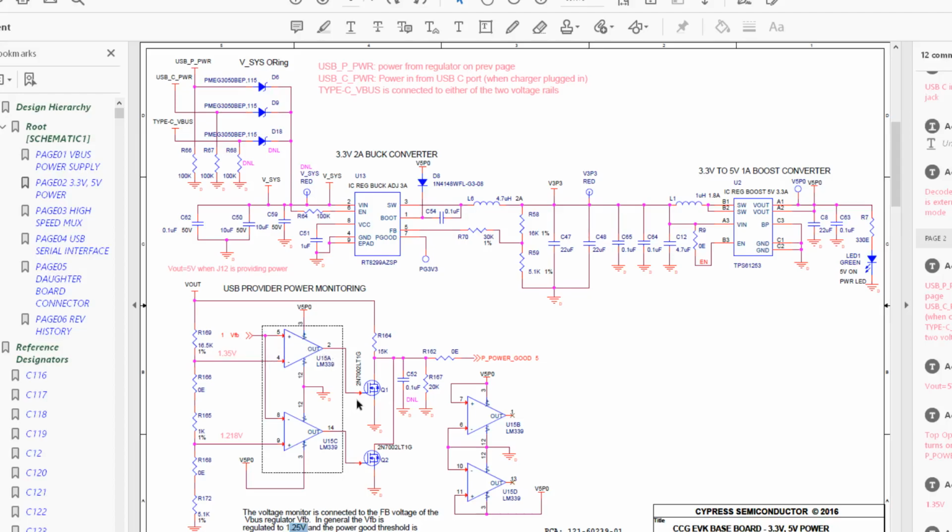So when it's off, the transistor is off, which means the VOUT goes to power good. Everything's happy. In the converse case, when the VFB is greater than 1.35, this is on, which sends voltage to the gate, turns on the gate, shorts out this line, which turns off power good. And the same principles apply for the other side. They've done a nice voltage divider there.